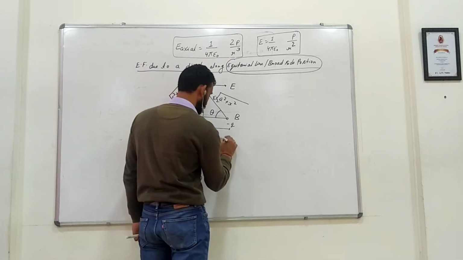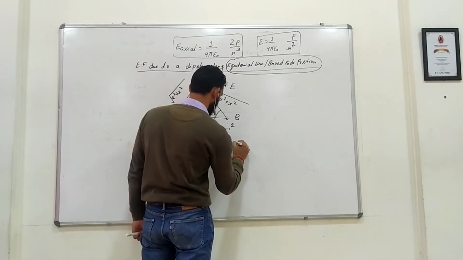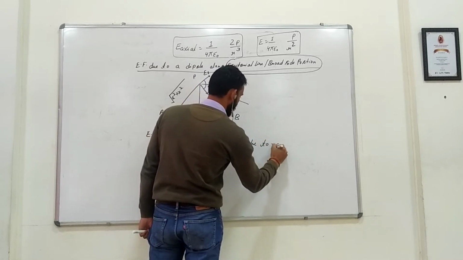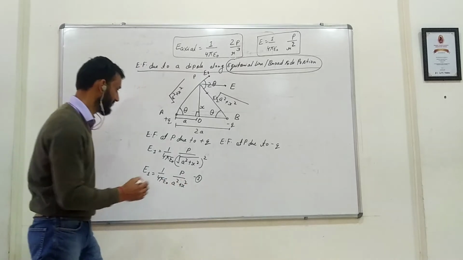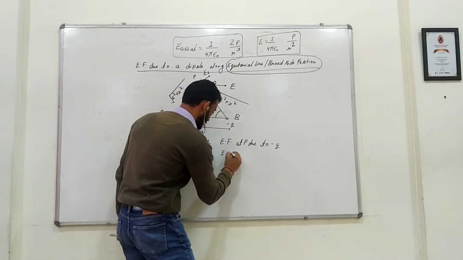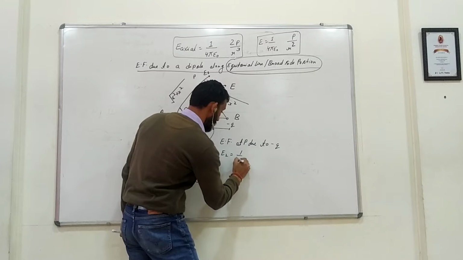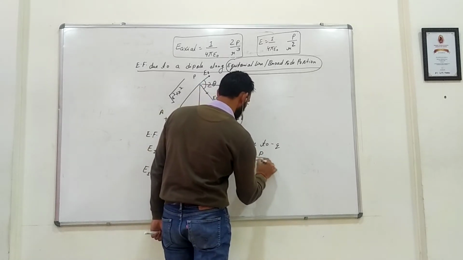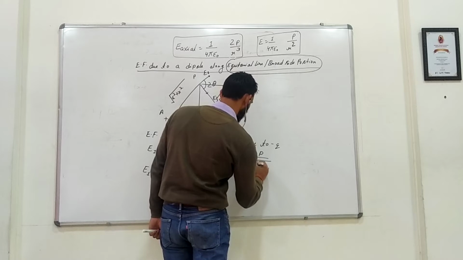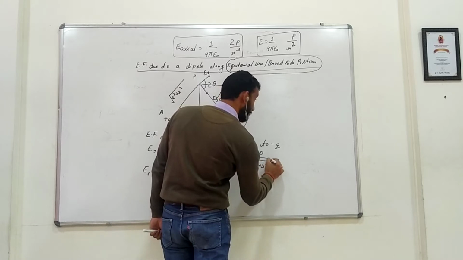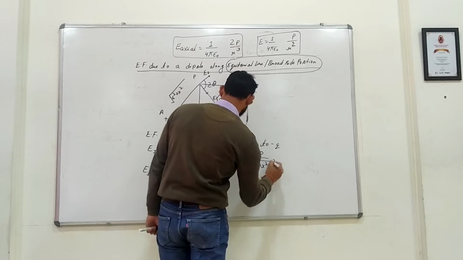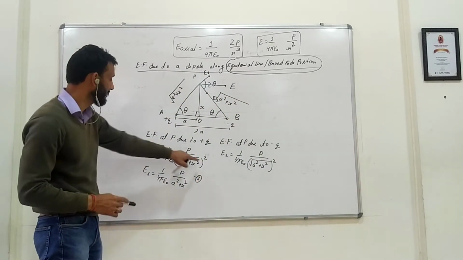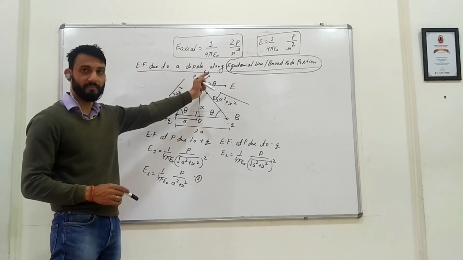Similarly, electric field at P due to minus Q. How much will it be? E2 is equal to 1 upon 4 pi epsilon naught q upon under root a square plus x square, again this. You should write the direction also here, like E1, it's away from AB.